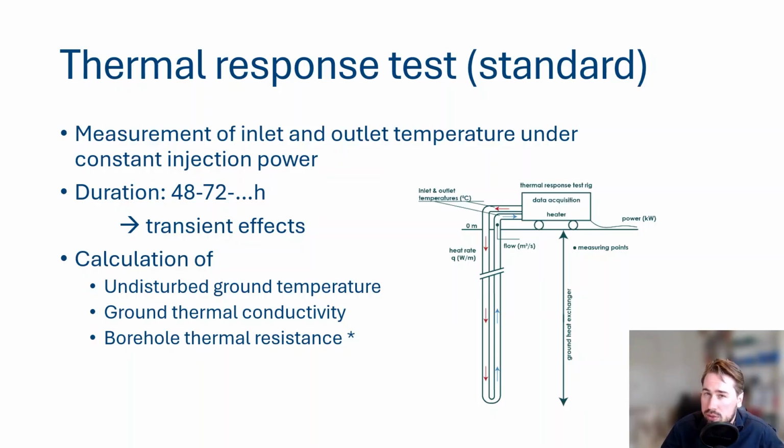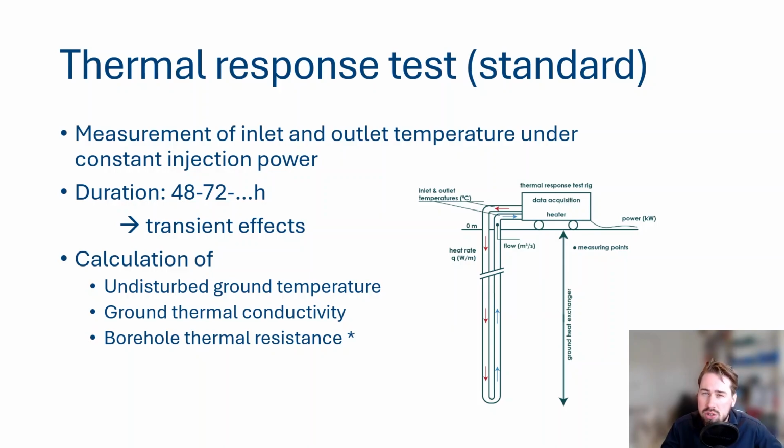And if we do such a long test, we can actually calculate a couple of things which are really important for our geothermal design. Namely, we can calculate the initial undisturbed ground temperature, which, if you recall, is really important because it sets the baseline for both your heating and cooling temperatures. So it's really important to measure this.